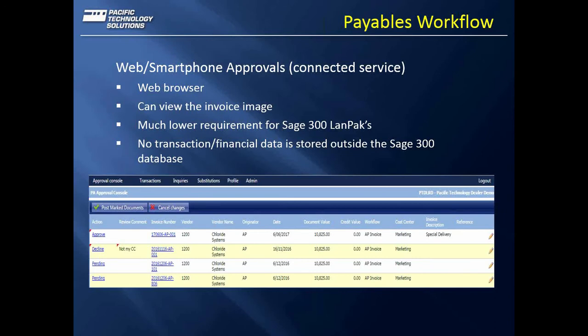Rather than if the users log into Sage 300 to do their approvals, they're then using a LAN pack, so that adds some more cost. So you only need the one LAN pack for the PW Web. And just reiterating, no transactional or financial data is stored outside the Sage 300 system.